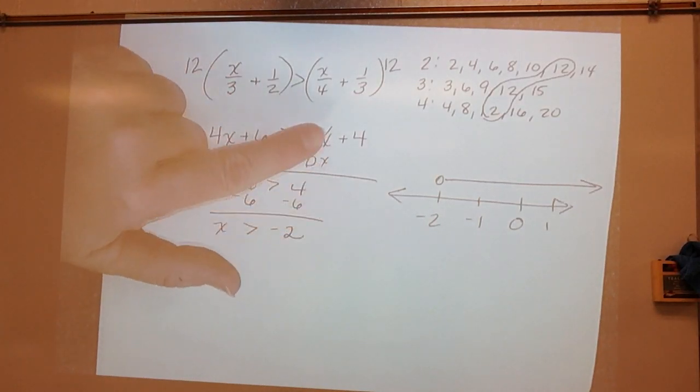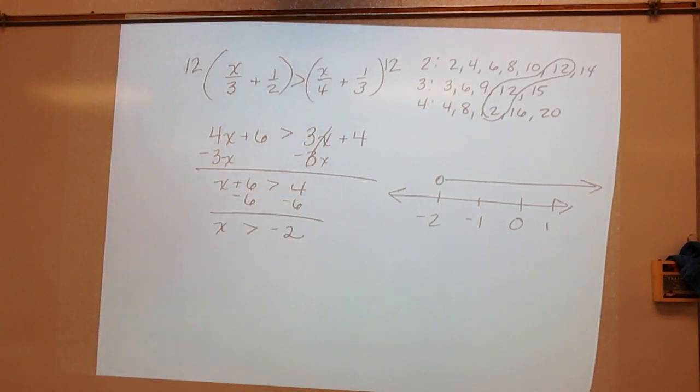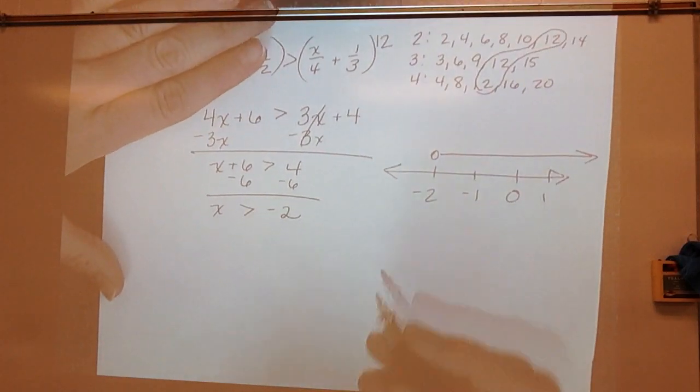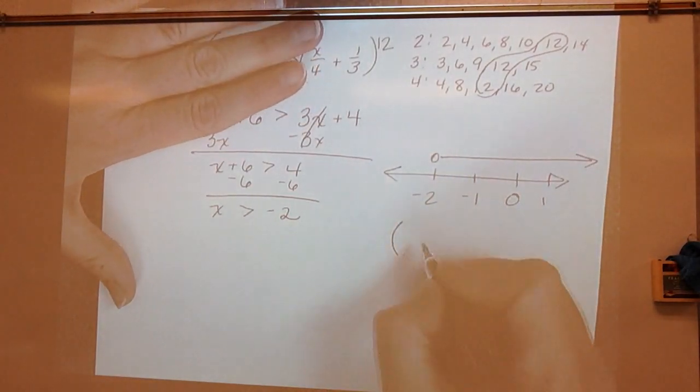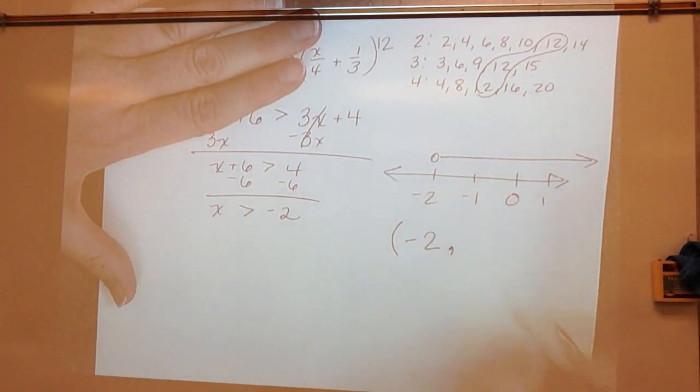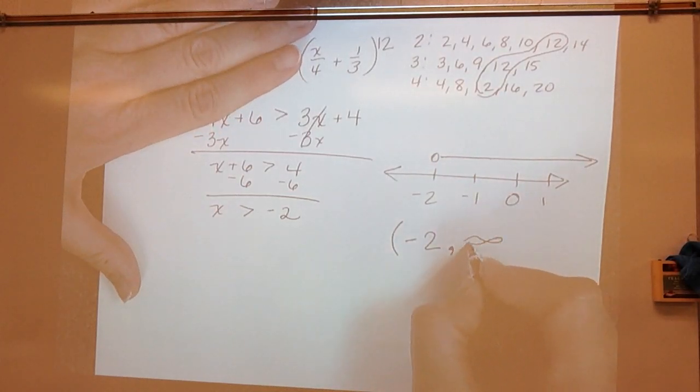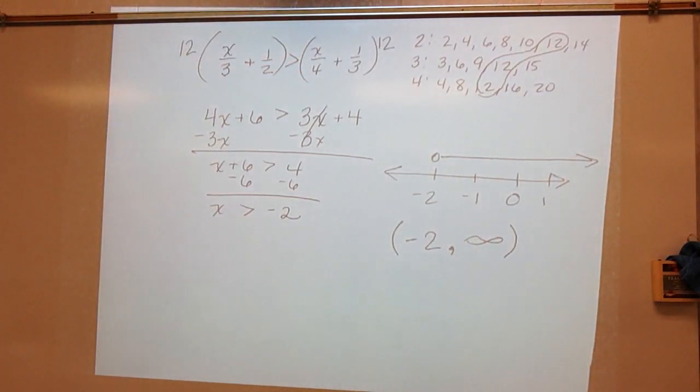Notice negative 2 is not included because it is not a greater than or equal to sign. So because it's not included, my solution set is going to start with a parenthesis. So I'm going to start at negative 2, but negative 2 is not included, and I'm going to go to infinity. So that is my solution.